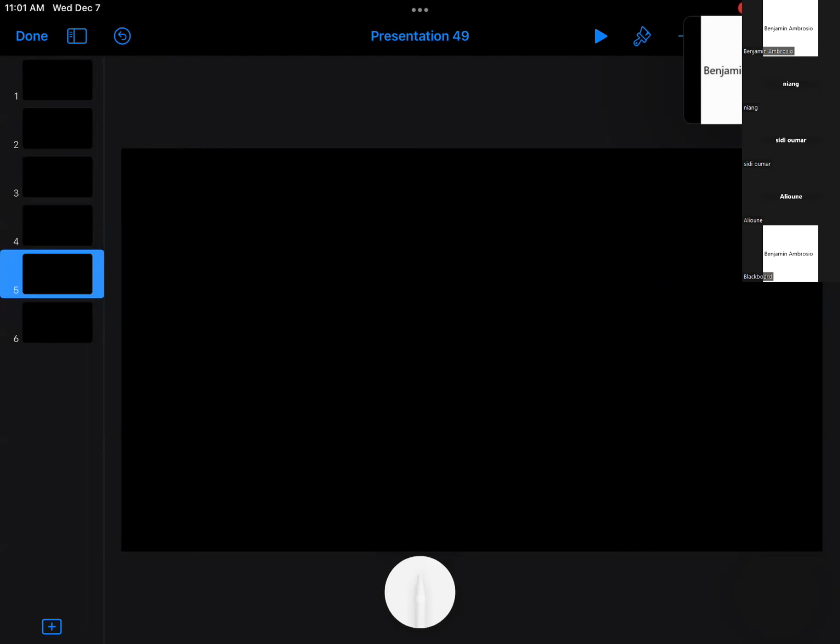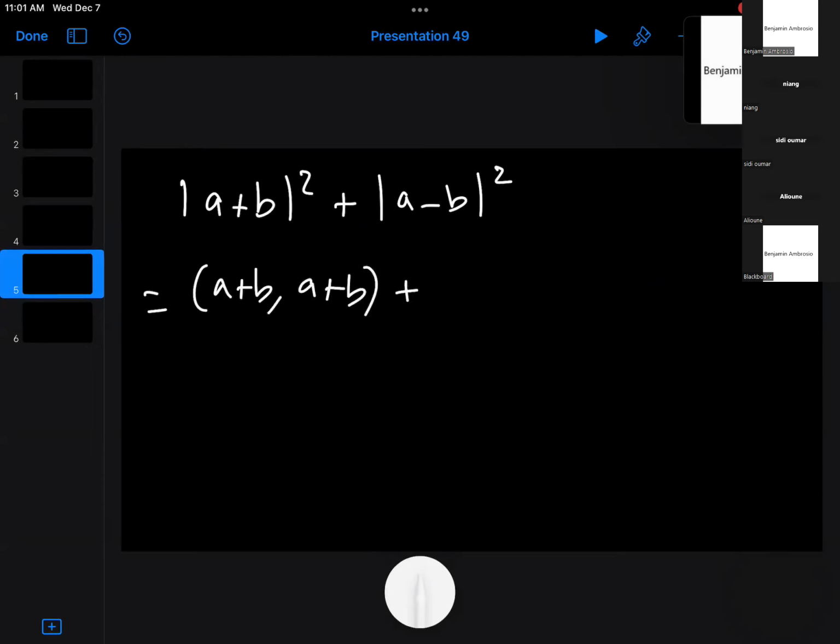So let's look at a plus b square plus a minus b square. So this by definition is a plus b plus a minus b.